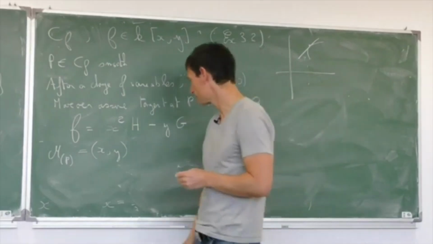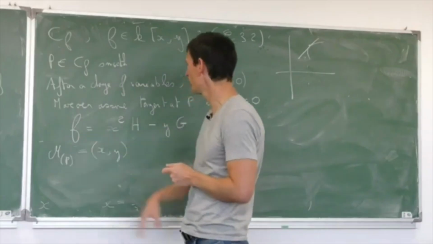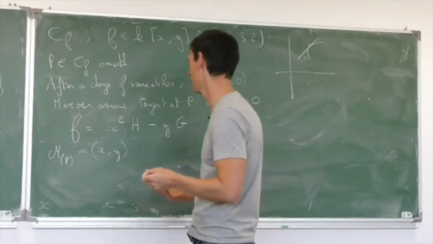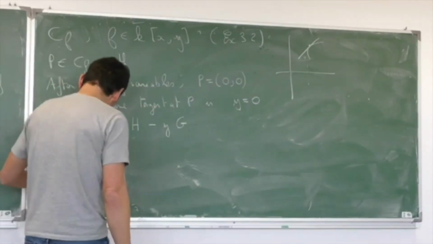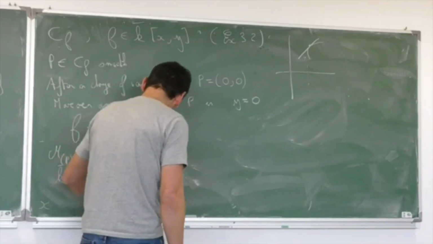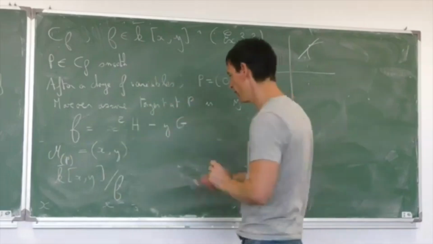So let's look. Locally, I'm working in the ring where I take the quotient by f. So if I work in k bar of x and y divided by f, then I can rewrite this expression.